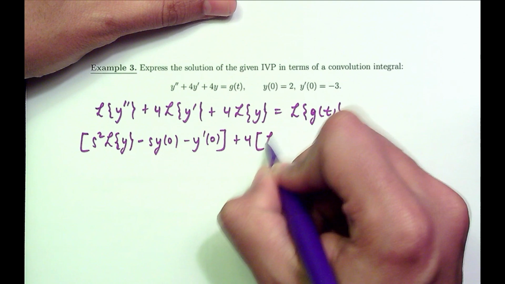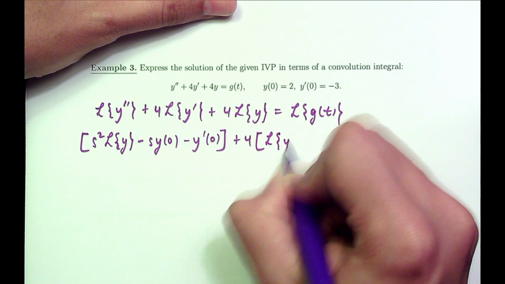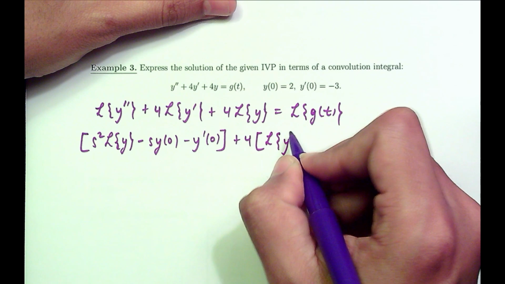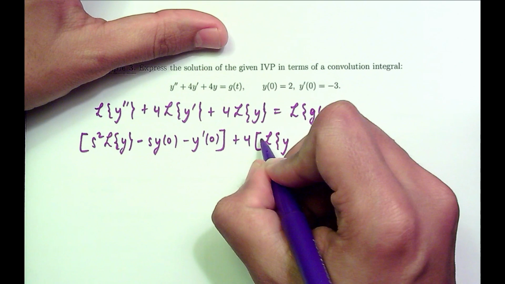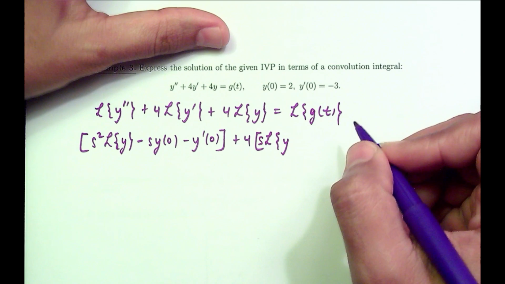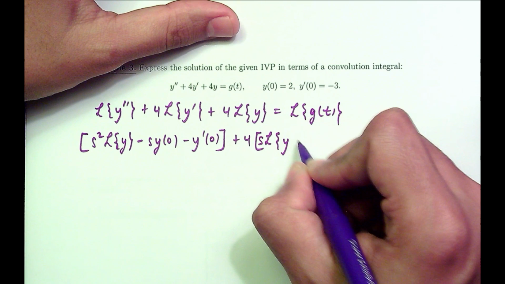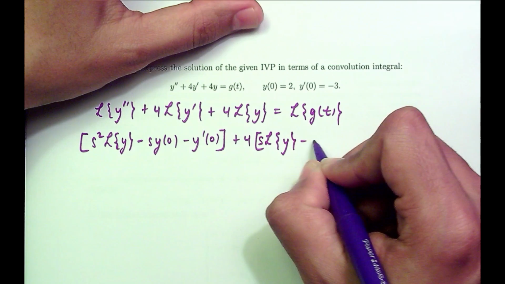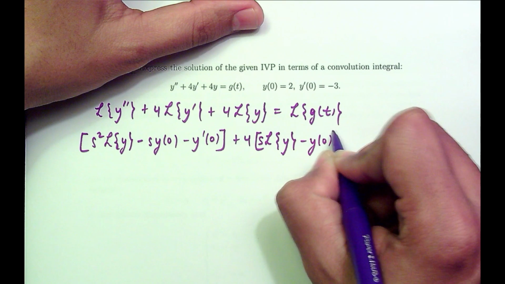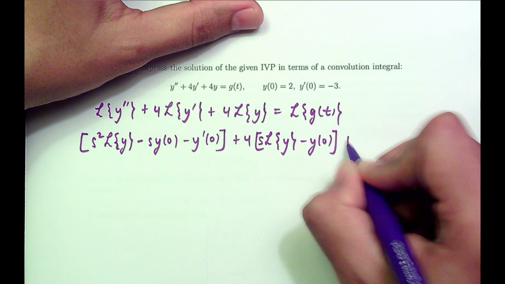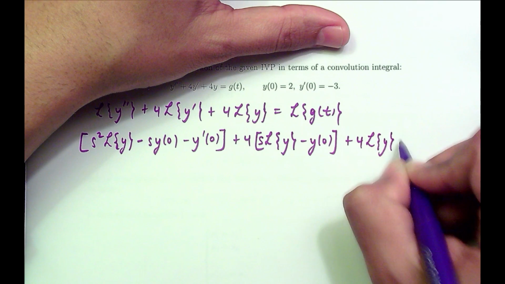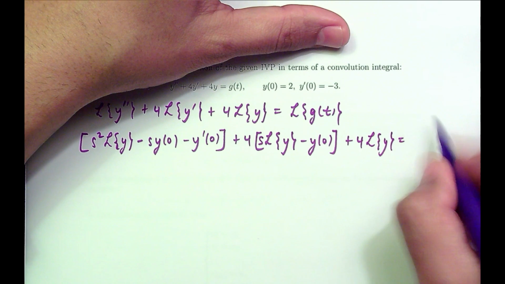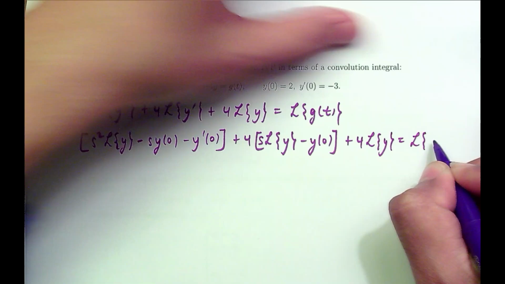Sorry, I forgot the s. So s Laplace transform of y minus y of 0, plus 4 Laplace transform of y, equals Laplace transform of g.